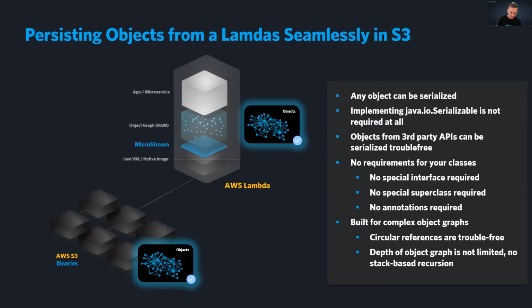A common approach is to persist the state of the Lambda, and today that's done using JSON serialization. You can serialize your objects and store them in DynamoDB, for instance, or in AWS S3, which is the cheapest and the obvious way to go because it's blob storage.